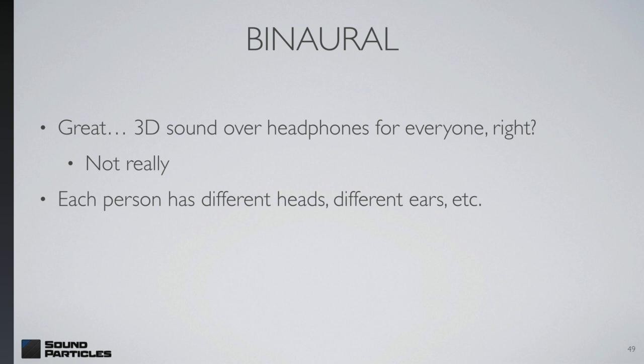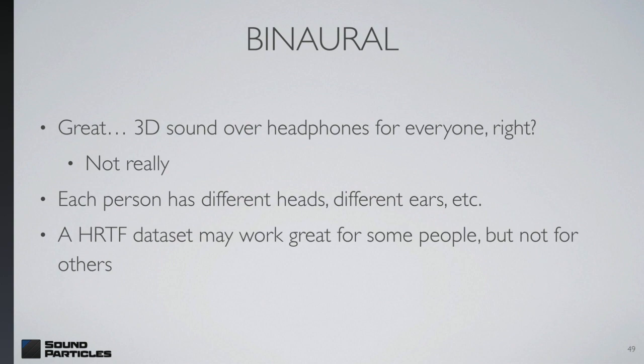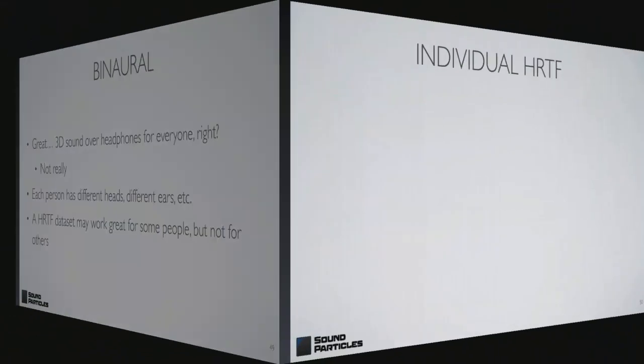So essentially, this is going to work for a lot of people, not for the others, because people have different head sizes, different ears, whatever, so it's not going to be exactly perfect. So a data set may work great for some, not for others.